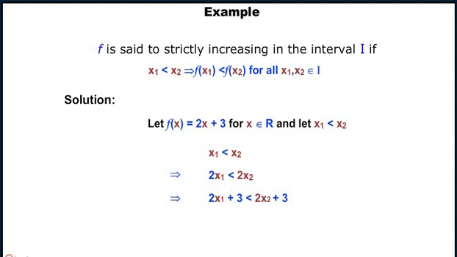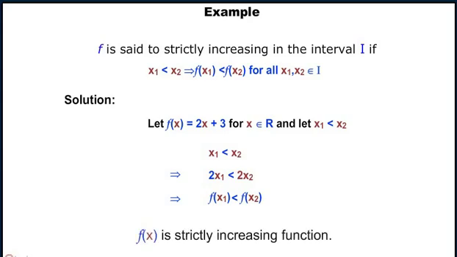Again, adding 3 on both sides, we get 2x1 plus 3 is less than 2x2 plus 3. Now we can replace 2x1 plus 3 with f(x1) and 2x2 plus 3 with f(x2). So we can clearly see that f(x1) is less than f(x2). So f(x) is a strictly increasing function.